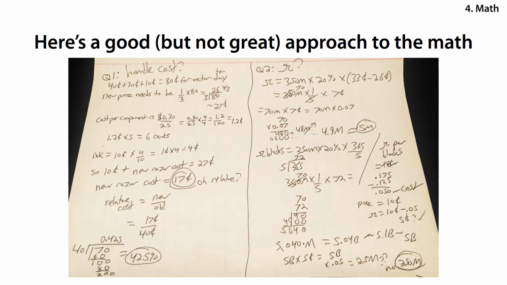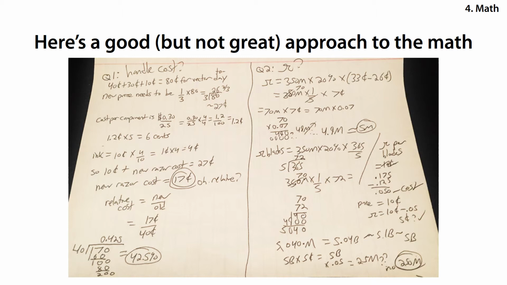Okay, so then the profit of the blades is 350 million times 20% times 365 over 5. 365 over 5 is 73, so about 72.